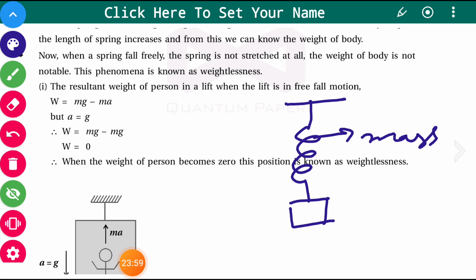So whenever the spring falls down, the spring and mass system will have an acceleration equal to the gravitational acceleration. Say for example it is broken from here and it falls down.